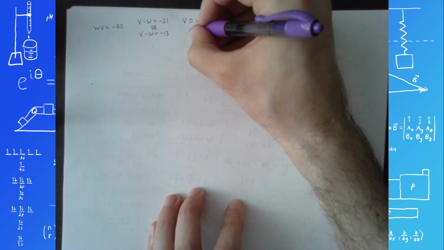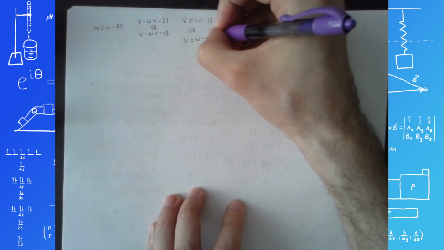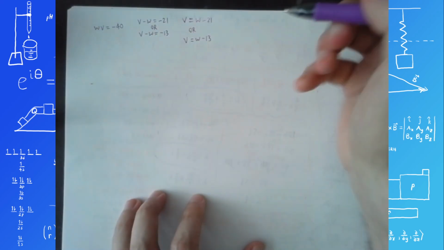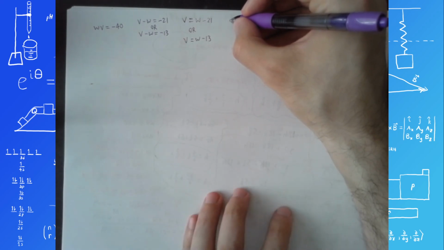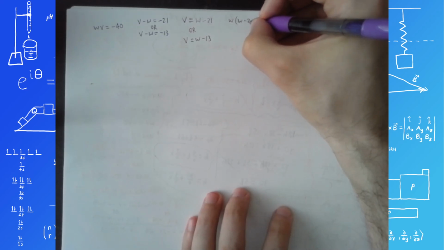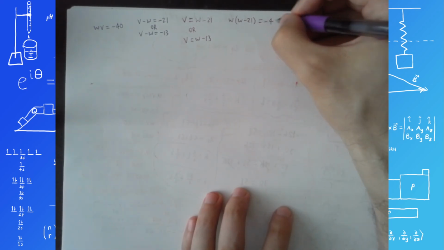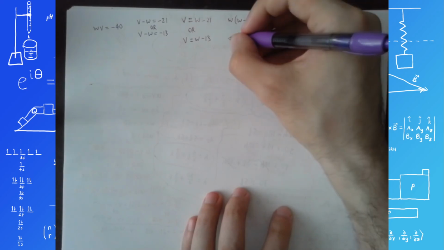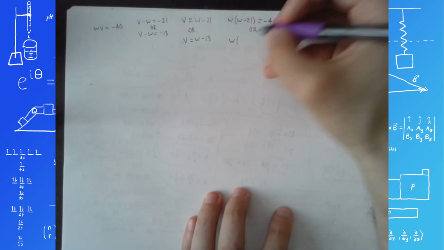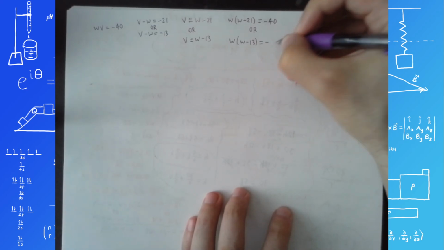And then the other possibility is v equals w minus 13. If I substitute v into this equation, then I would get w times w minus 21 is equal to -40 as one possibility. And the other possibility is w times w minus 13 equals -40.